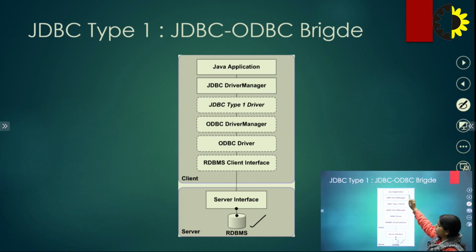On the client side we have the Java application, then the JDBC driver manager, then the JDBC type 1 driver, then the ODBC driver manager, then the ODBC driver, and then the RDBMS client interfaces, which further interact with the server interfaces to fulfill the particular task of the JDBC-ODBC bridge.